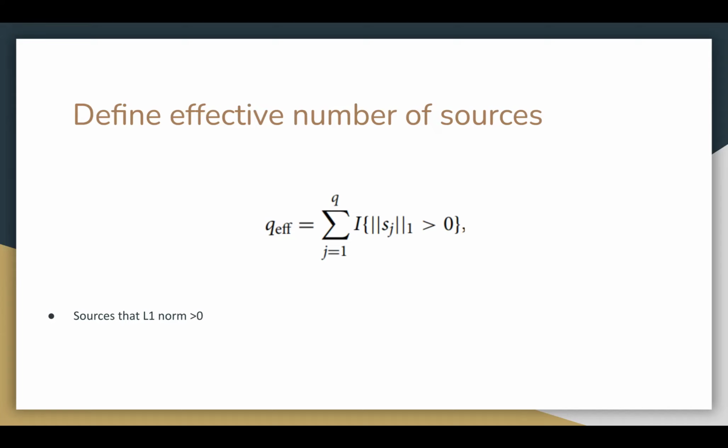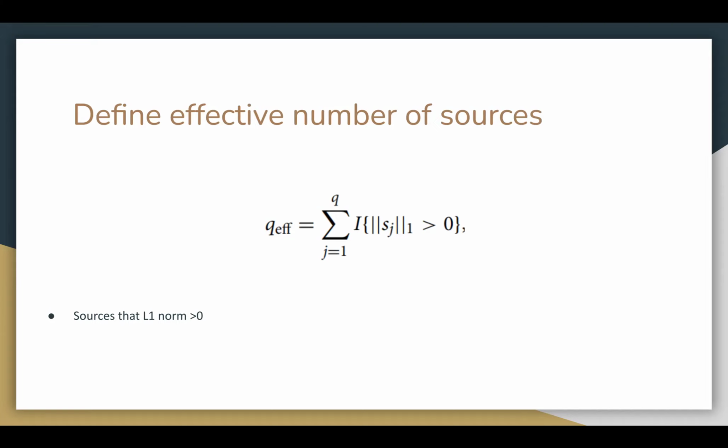And one thing is how they define the effective number of sources. I represents an indicator function. The L1 norm of Sj represents the absolute value of the function. Sj, the j-th function, should be larger than 0 to activate.